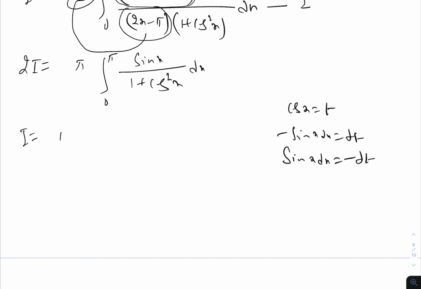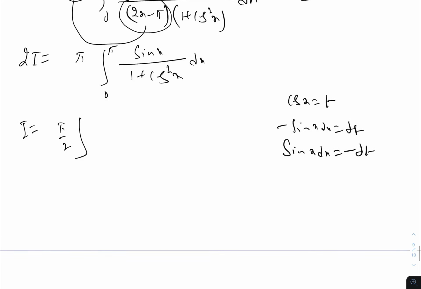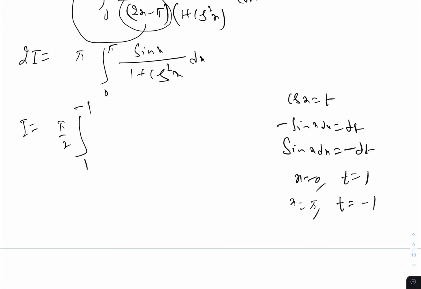This is I equal to pi by 2. Let us change the limits of integration. When x is 0, t is 1, and when x is pi, t is minus 1, cosine pi is minus 1. So sine x dx is minus dt.